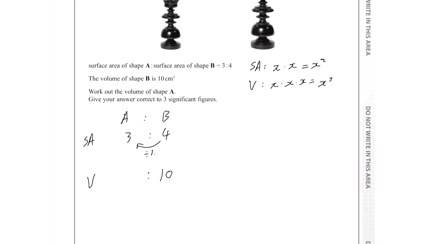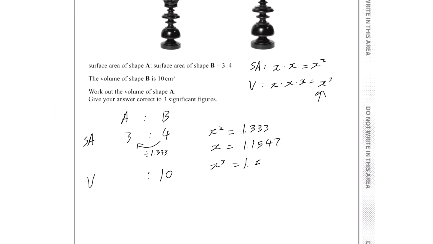So in this case, I'll have to divide by 1.333 to go this way. So that represents x squared, because remember, it's the surface area scale factor. So then I can work out x by square rooting this, which is 1.1547. And then I can cube this to work out the volume scale factor. Remember that there.